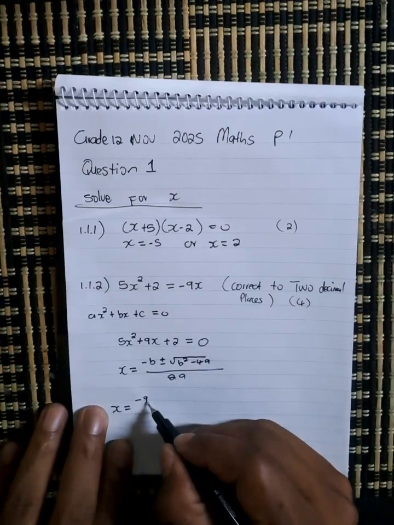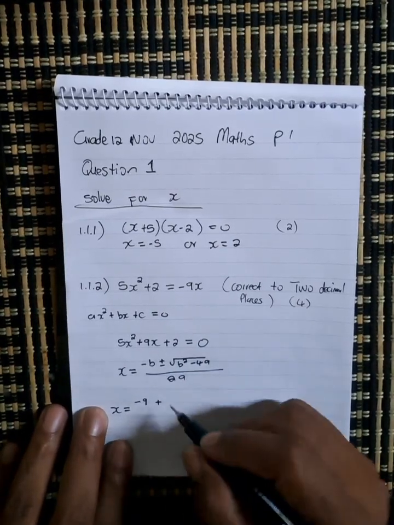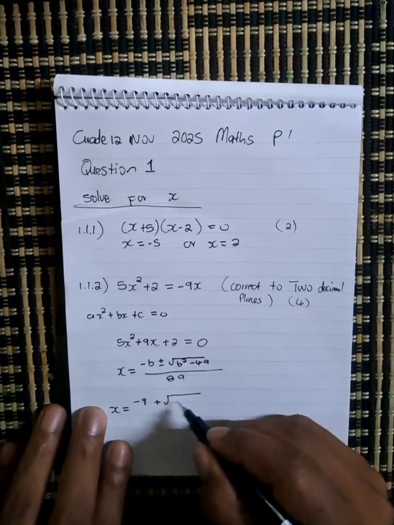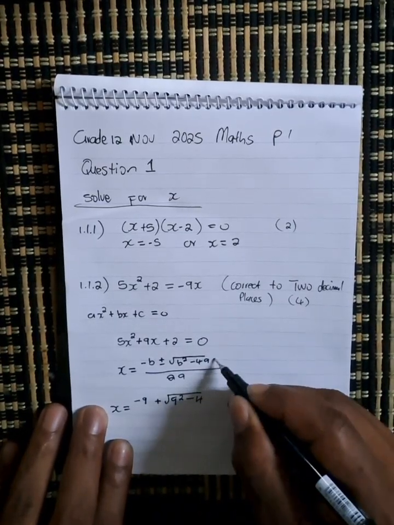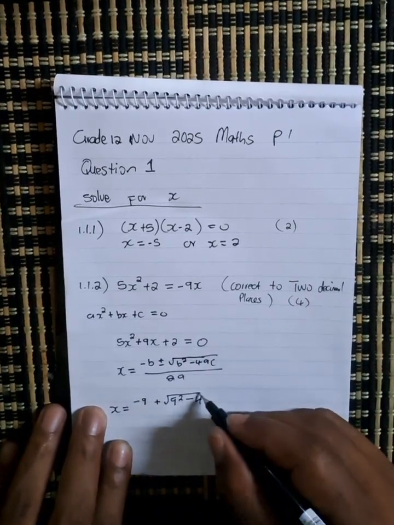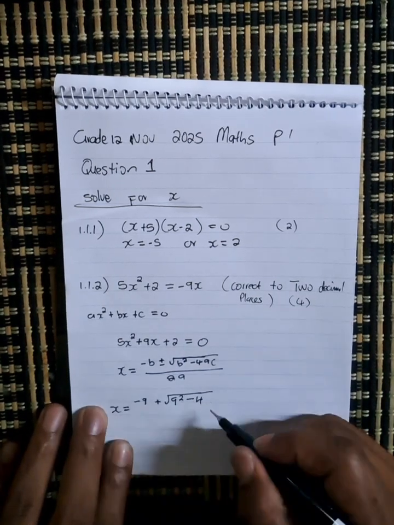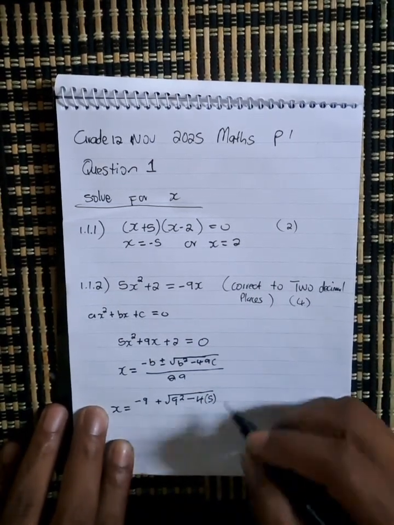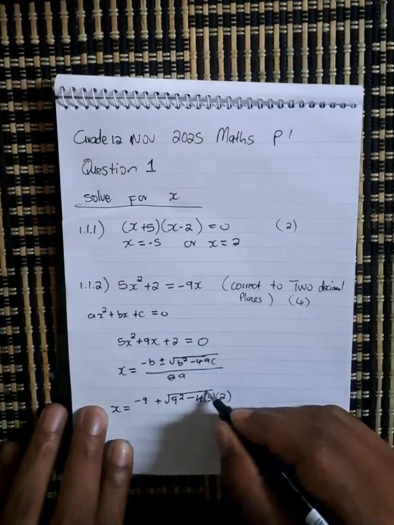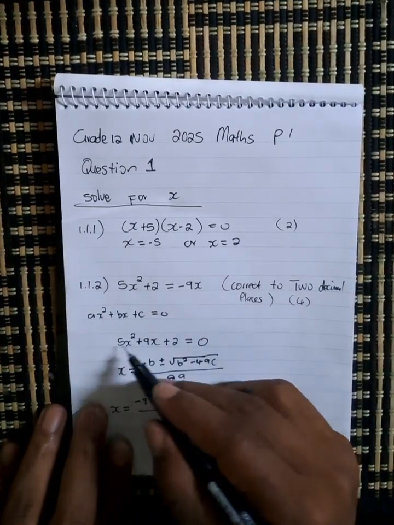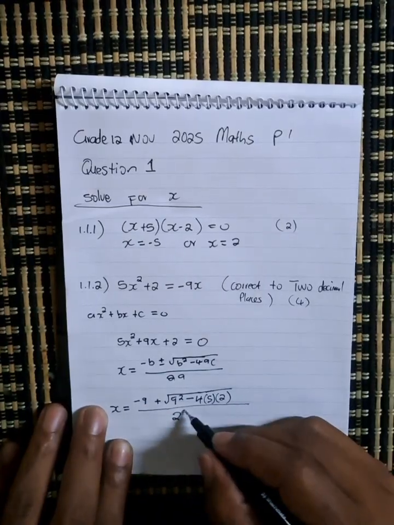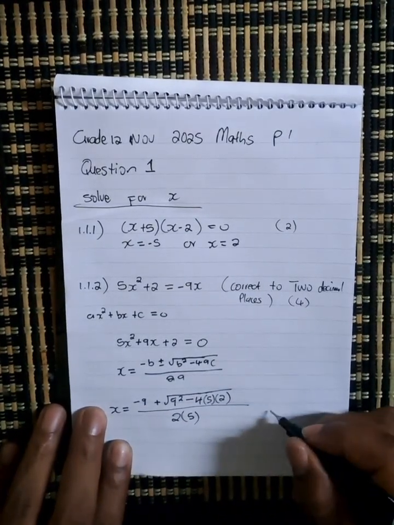It's minus 9 plus the square root of 9 squared minus 4ac. What is a? A is 5, and c is the 2 over there, divided by 2a, which is 2 times 5.